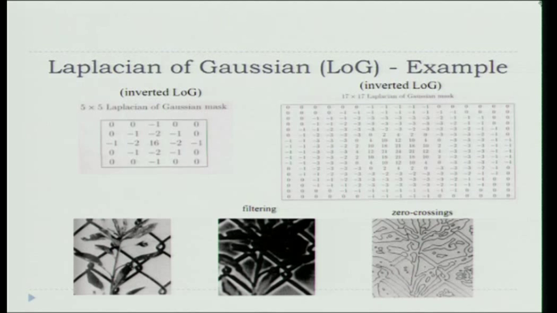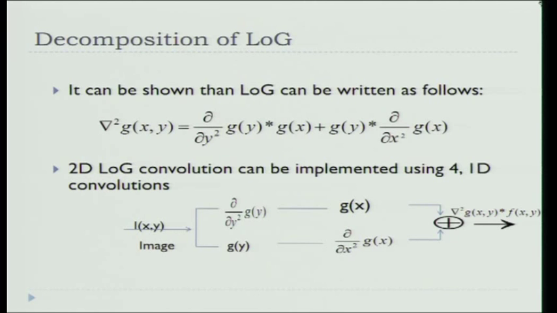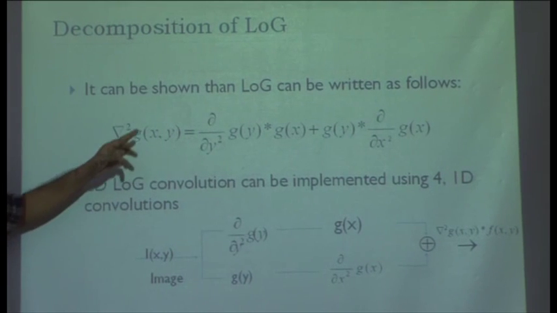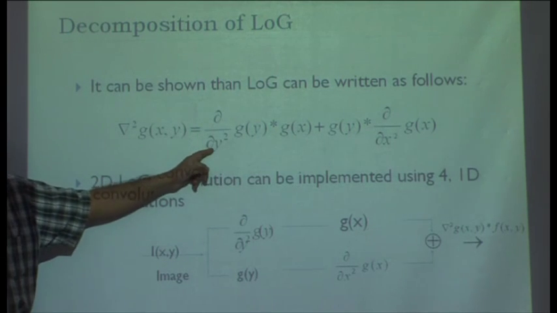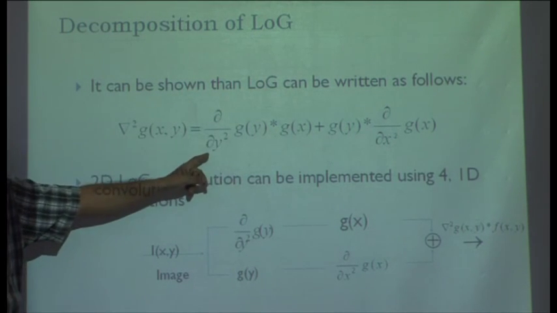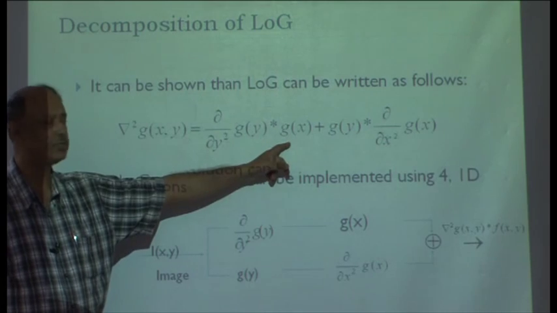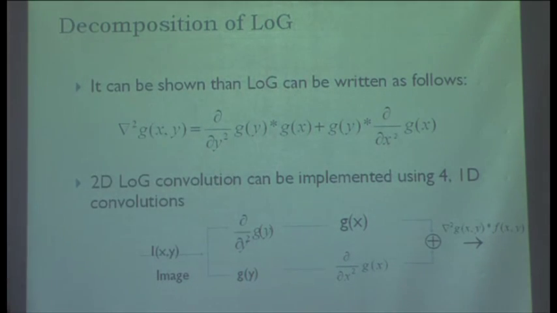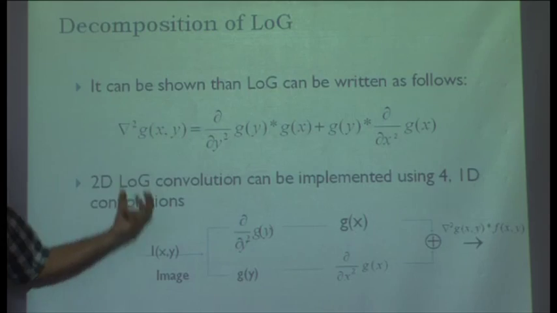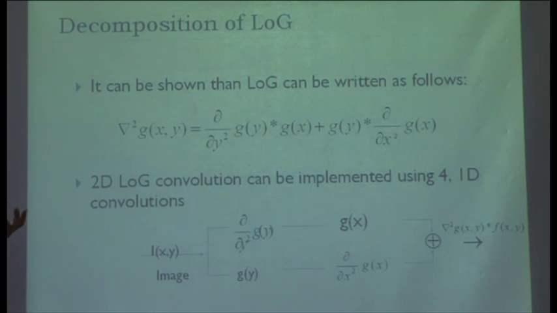See what happens: this Laplacian of Gaussian, del square G(x,y), can be defined as d square Gx by dx square times Gy plus Gx times d square Gy by dy square; this is a simple standard formula of derivative. Now, you have to convolve with I(x,y), because the original image is I(x,y).